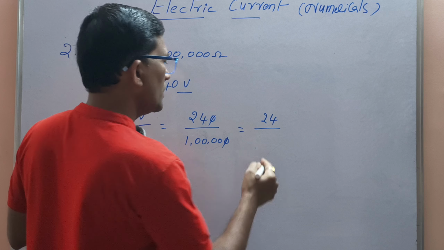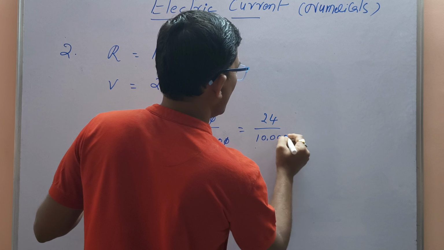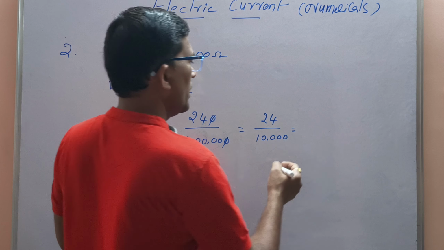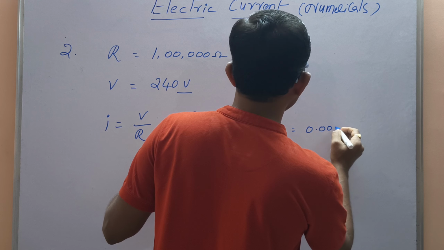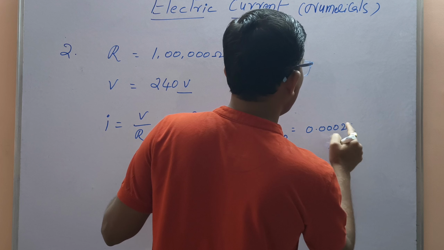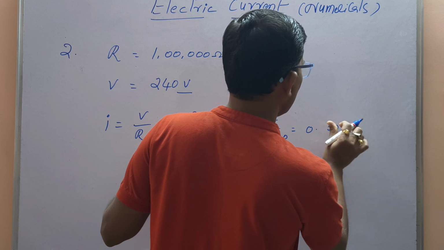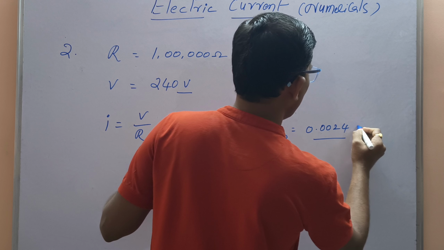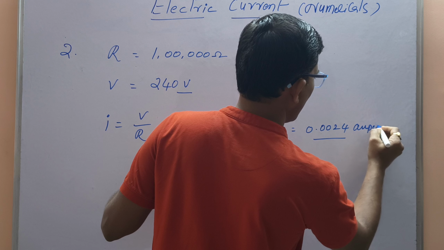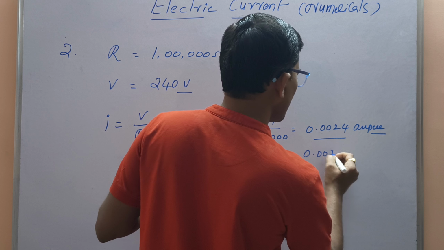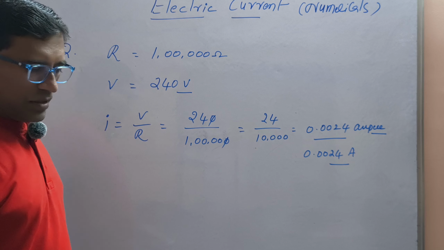After cancellations, it becomes 0.0024 ampere, or 0.0024 A.